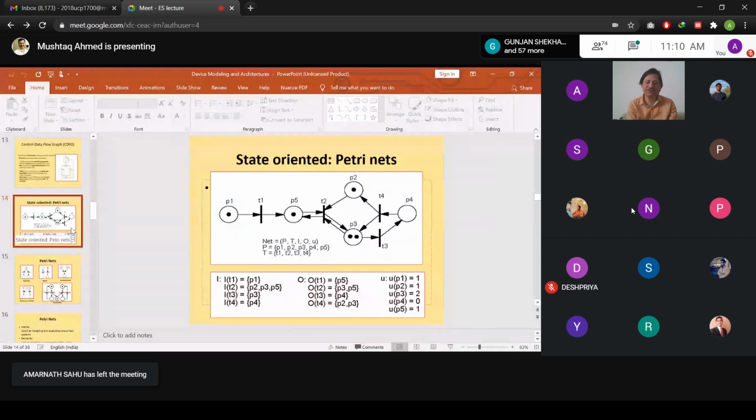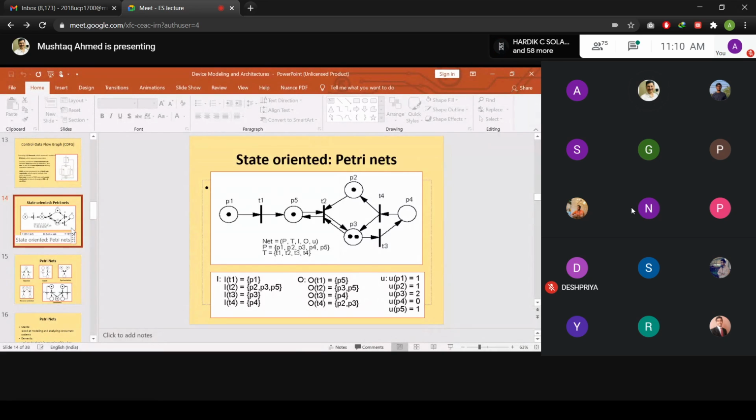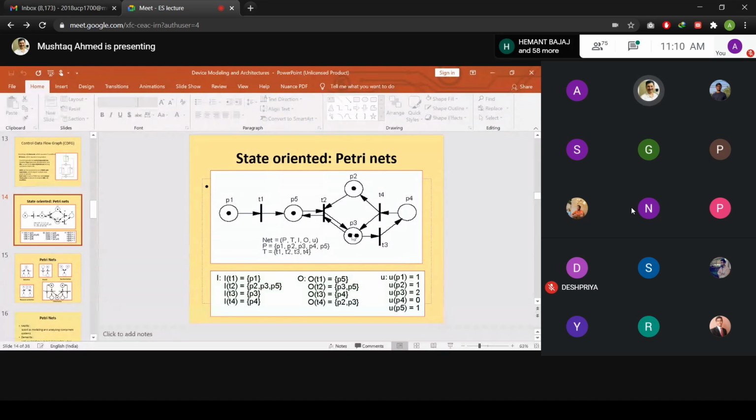And input for T3 is P3. As you can see over here, this P3 only has that directional arrow which points to that triggering. Having the token available with P3, you can move to P4.